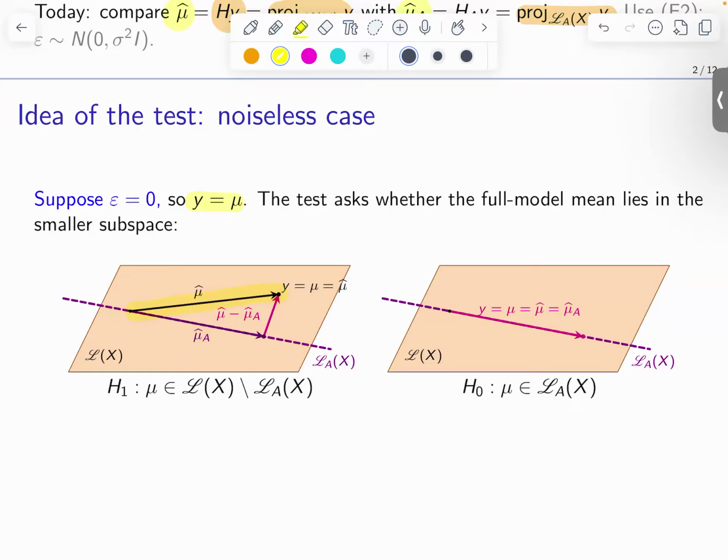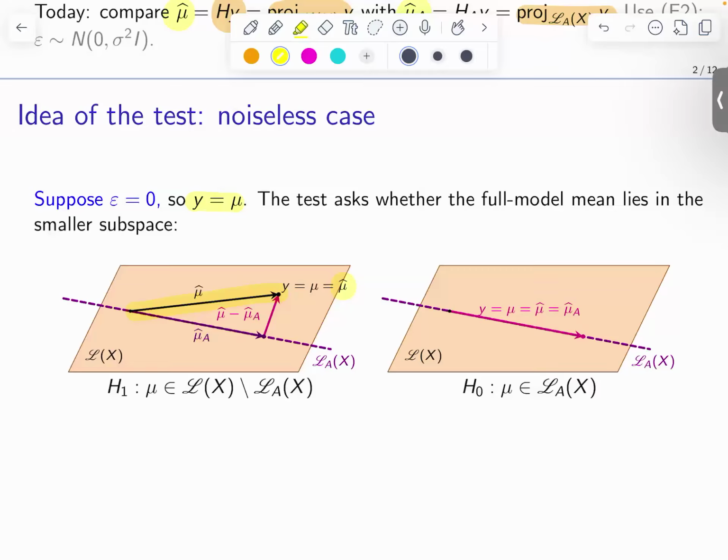The vector is in Lx when I project it, so nothing happens. It just remains there, so you get back itself. This is the part that I'm setting equal to mu hat. So all of them are on top of each other: y is equal to mu is equal to mu hat.